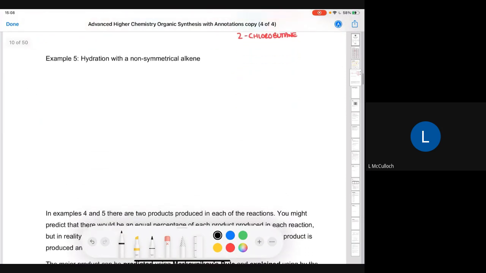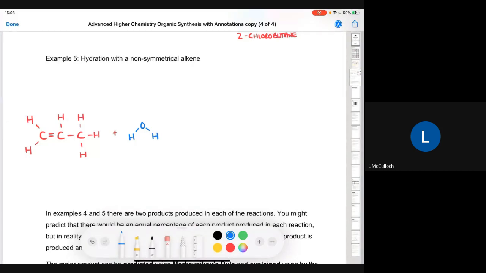And then our final example, example 5, is going to be hydration with a non-symmetrical alkene. So for this one, we'll use propene. And because we are doing a hydration with a non-symmetrical alkene, we will get 2 products. So when we do a hydration reaction, we are reacting with water, which is H2O, which will look something like that.